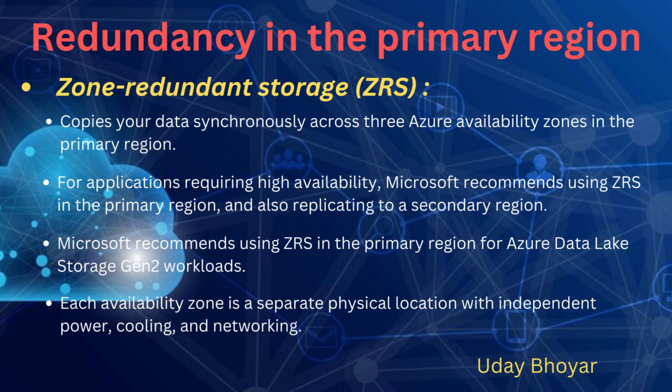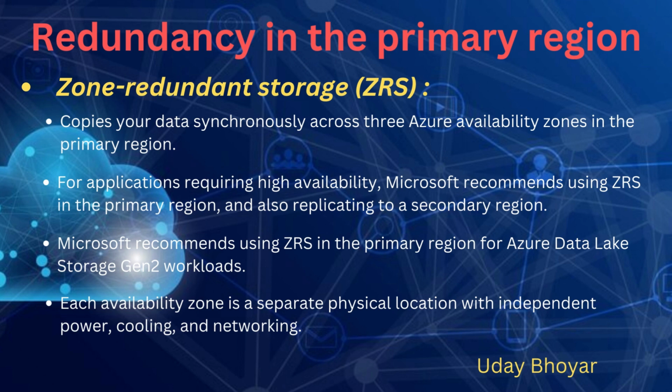Microsoft recommends using ZRS in the primary region for Azure Data Lake Storage Generation 2 workloads. As we have seen in our previous video, Azure Data Lake Storage Generation 2 is used to store data and perform analytics using Hadoop and other analytic engines through Microsoft Azure services.